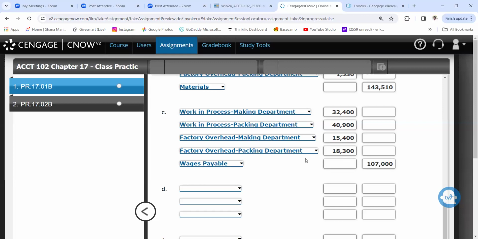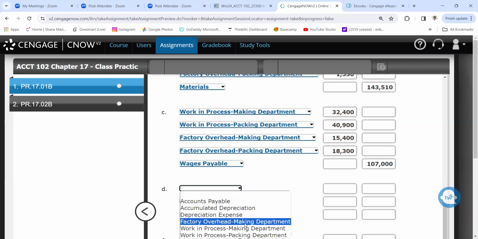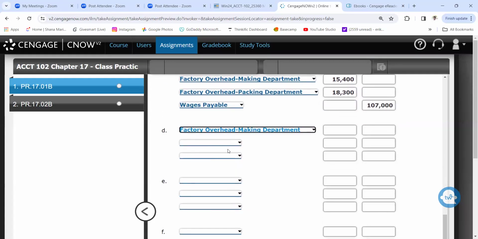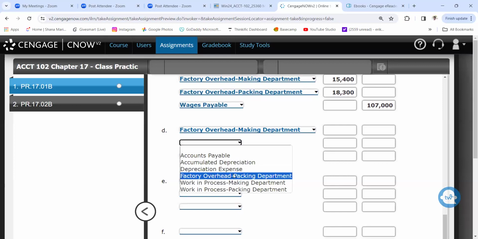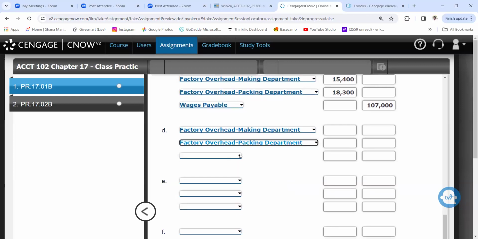D, depreciation charged on fixed assets. Now, depreciation is an indirect expense, and it goes in by way of absolutely factory overhead. So factory overhead making, factory overhead packing, and then when we have depreciation, it is offset by its contra asset account, which is accumulated depreciation.